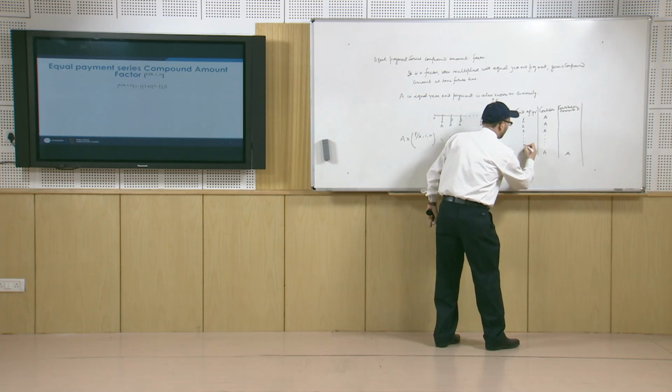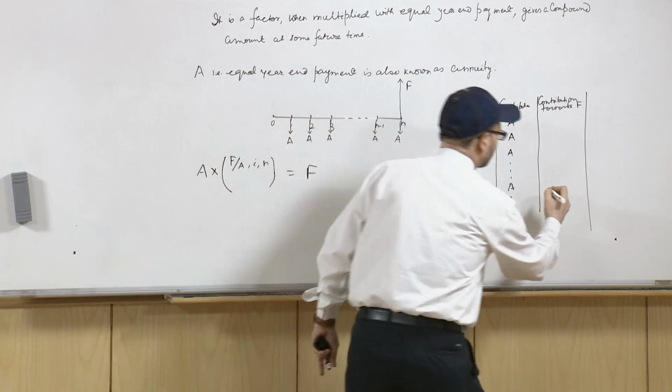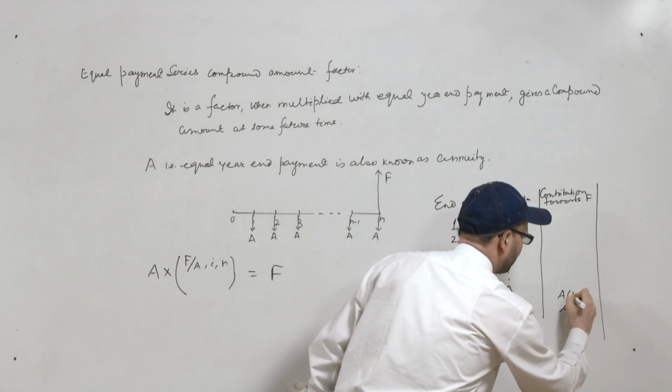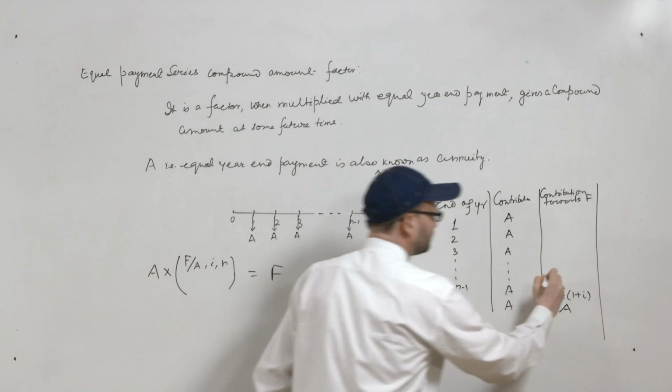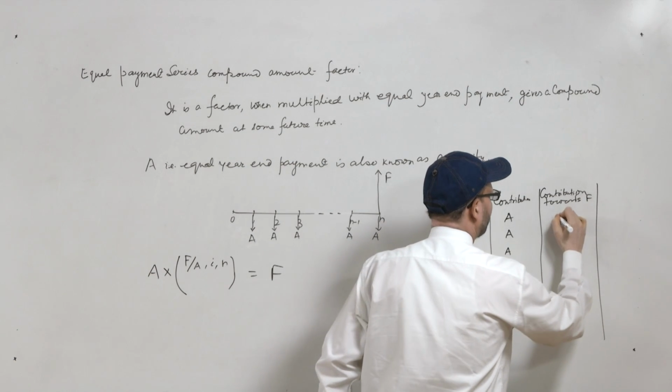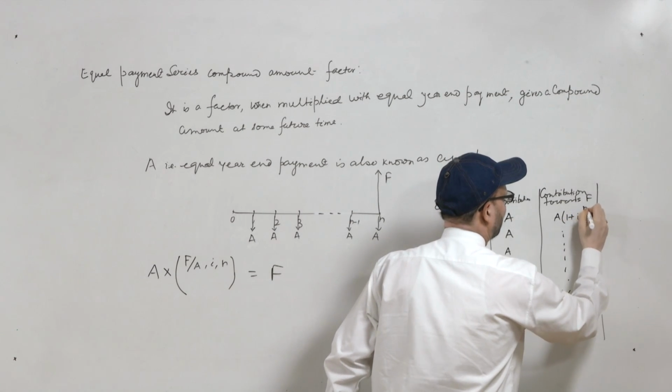At the time n minus 1, the A payment which is made, its contribution will be A into 1 plus i. So, this will go on and this will be A into 1 plus i raised to the power n minus 1.